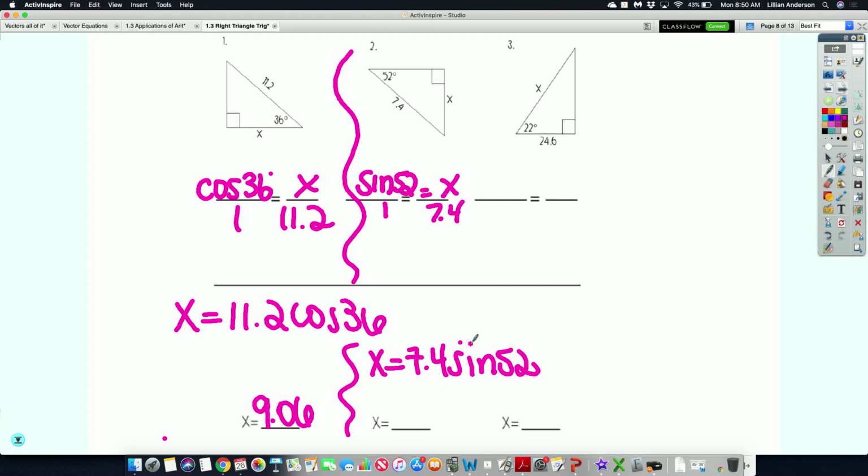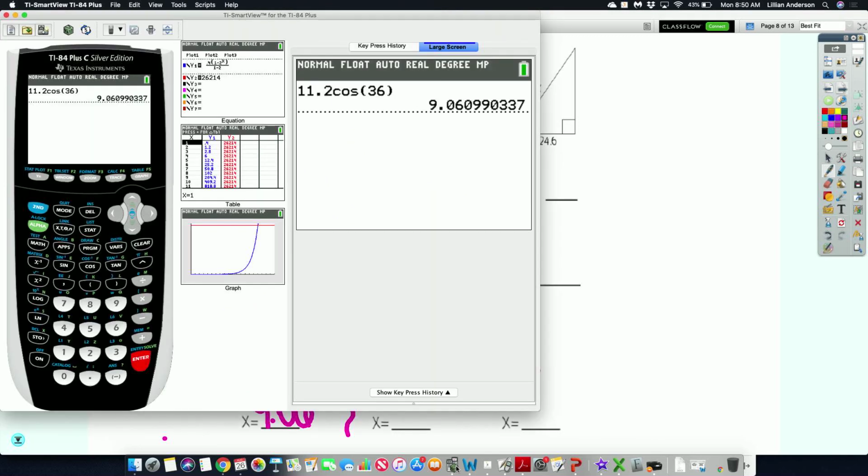Yes? Okay. Once you put your calculator on degree mode, it stays in degree mode. Even when you turn it off, it stays in degree mode. The only time it will ever go back to radians is if you change out the batteries or you reset your calculator.